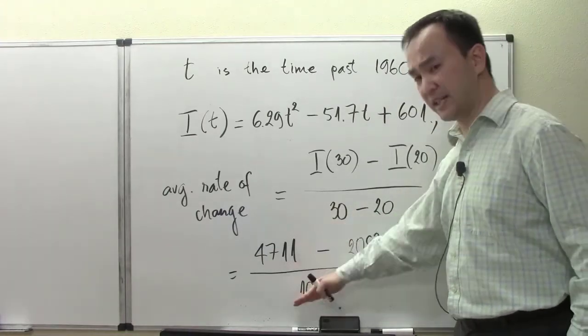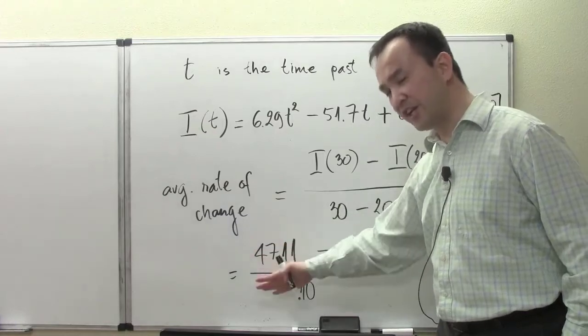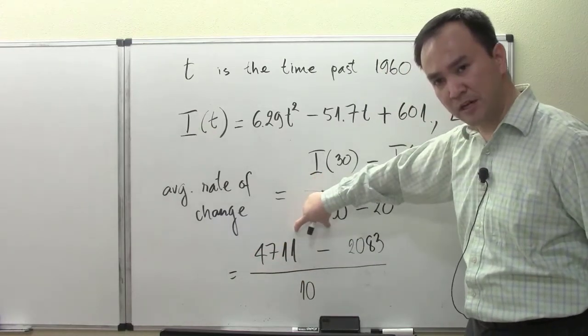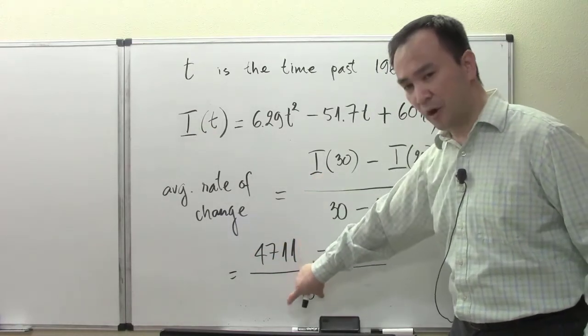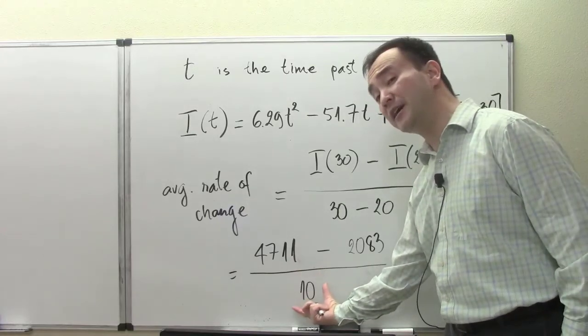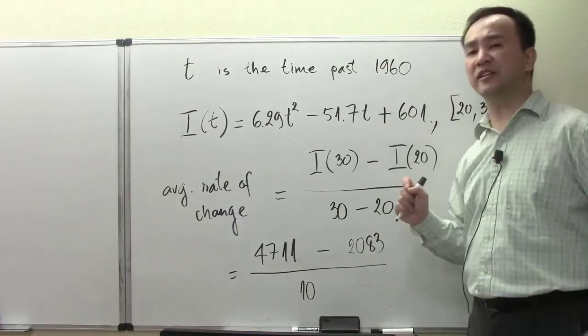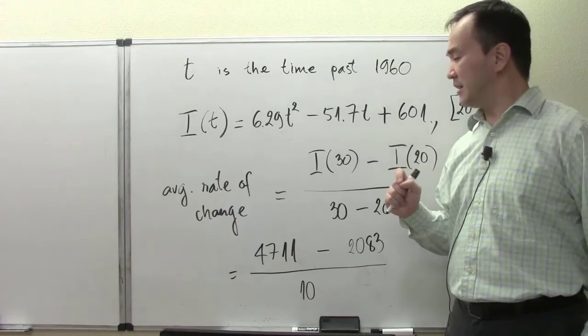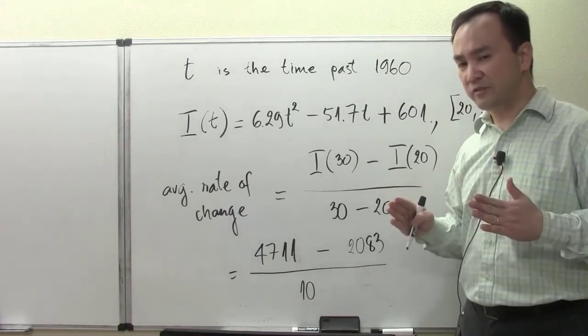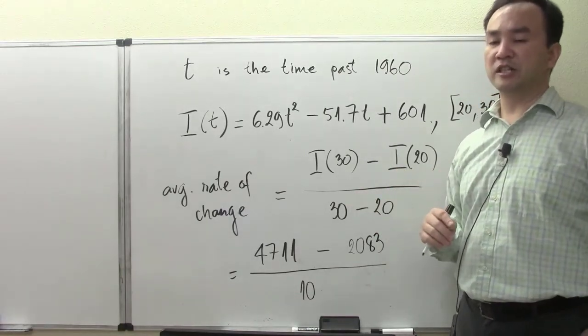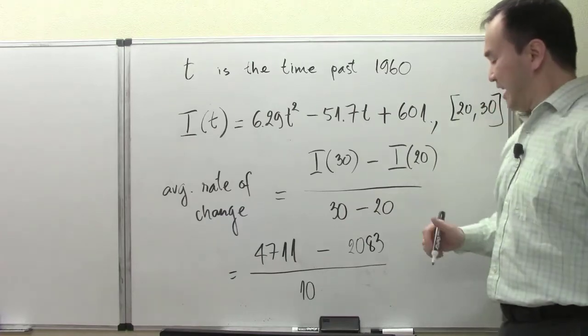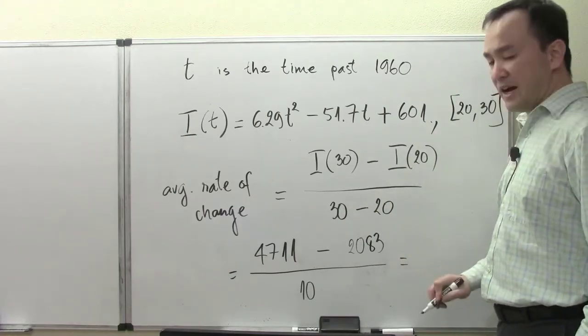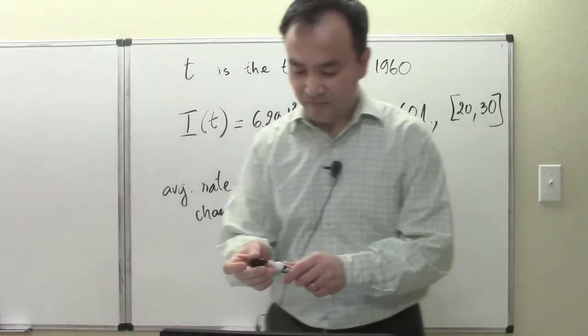It's a rate, a ratio between the change in total personal income over the change in time. I believe I've spent enough time talking about the concept of rate of change throughout our general lecture, so now it's just a straightforward calculation.